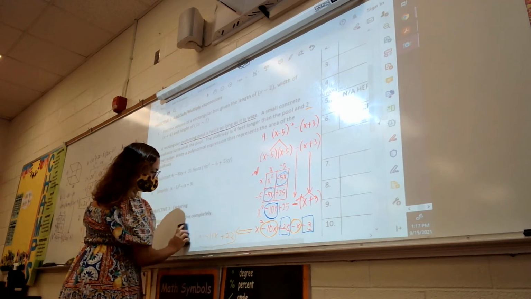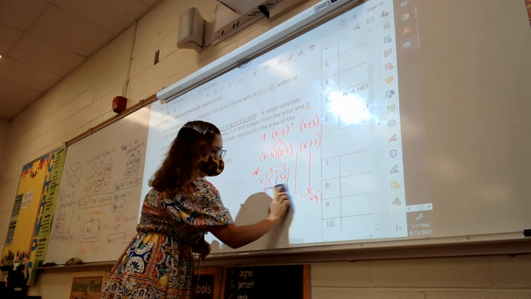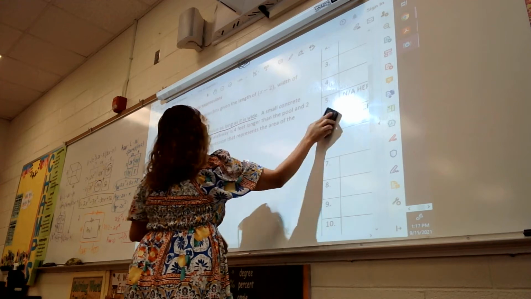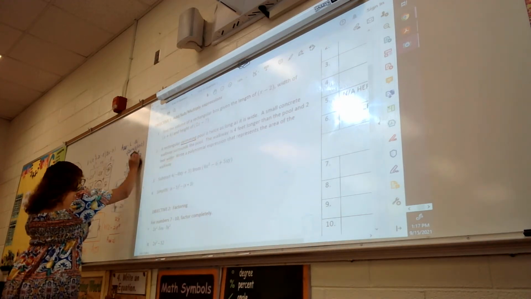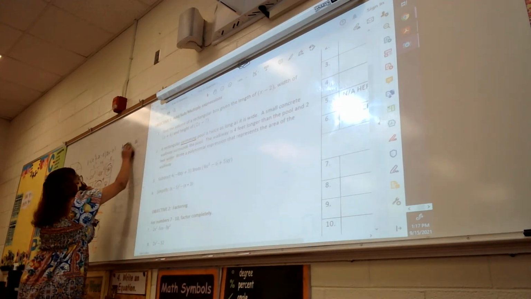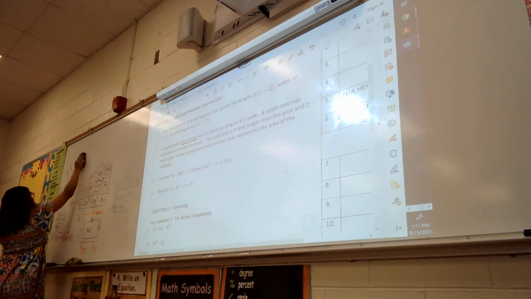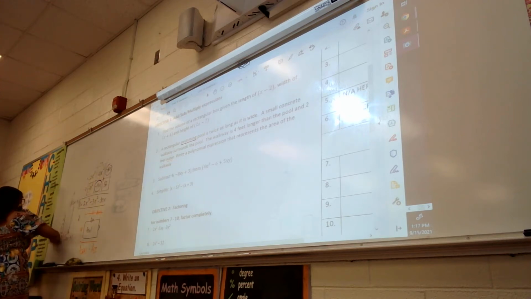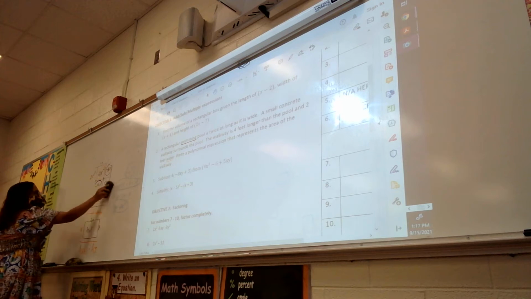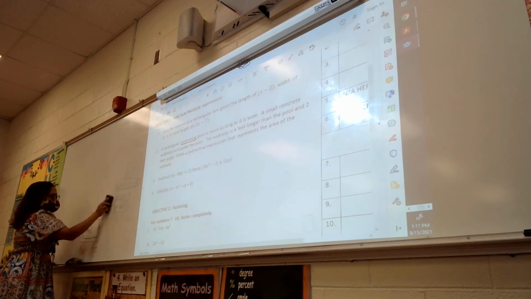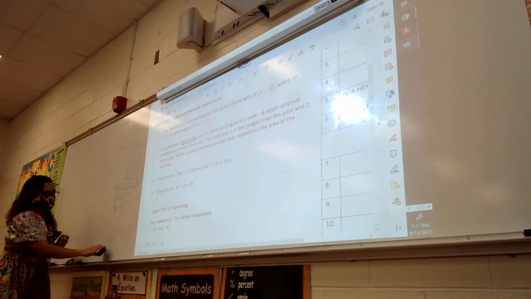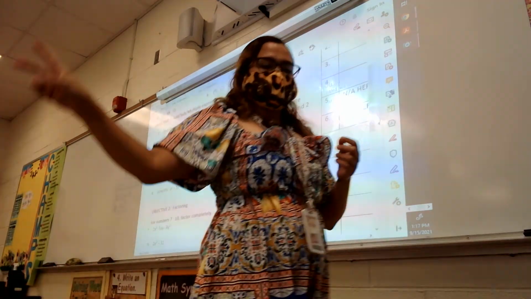Alright, let's go to the next 4 sets of questions. I just erased this part. I'm sorry. Okay, factoring. I know most of you hate this part, but we have no choice. We need to do that. Okay, objective 2.